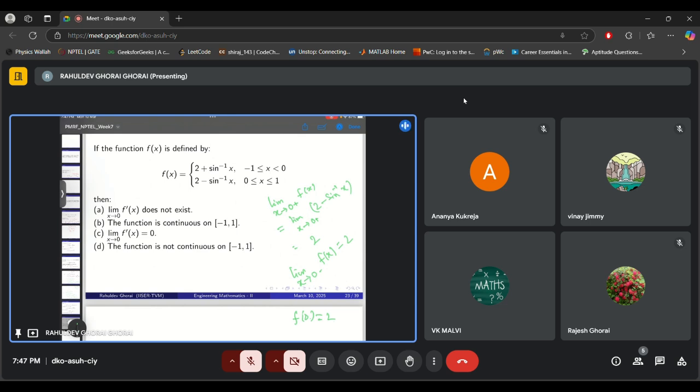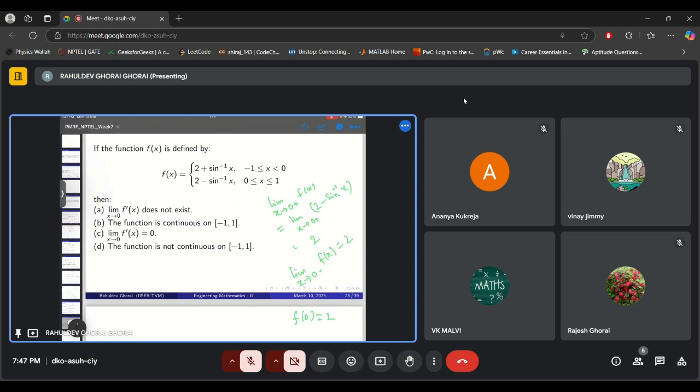If only the left and right hand limits are equal, it won't necessarily be continuous, right? The continuity definition is complete only when both left and right limits are equal and they are equal to the function value at that point.